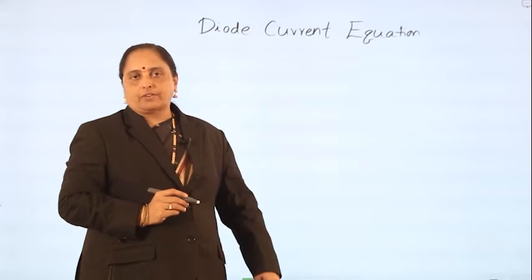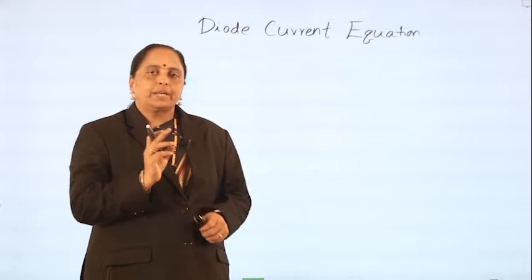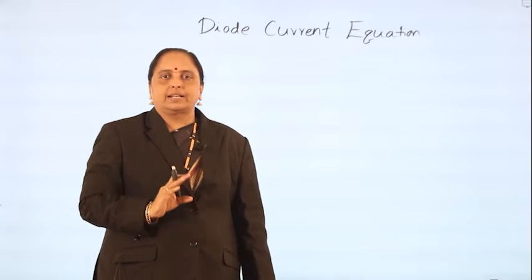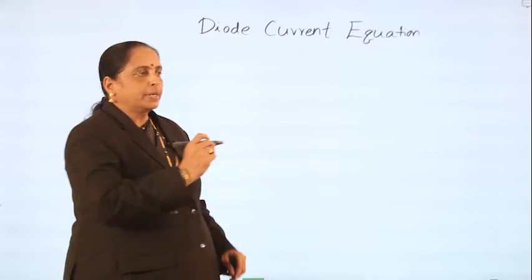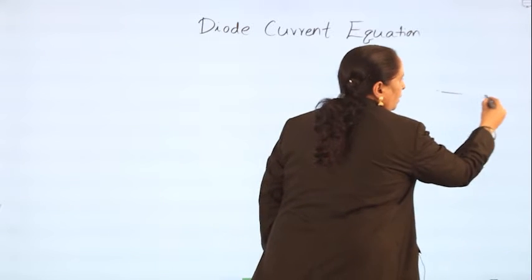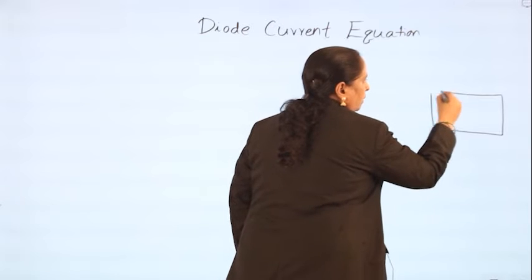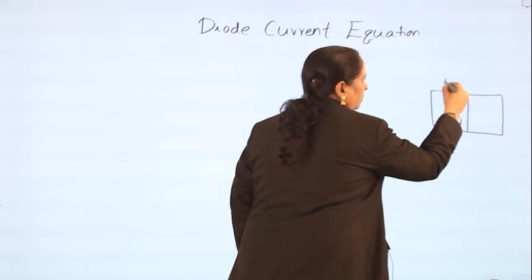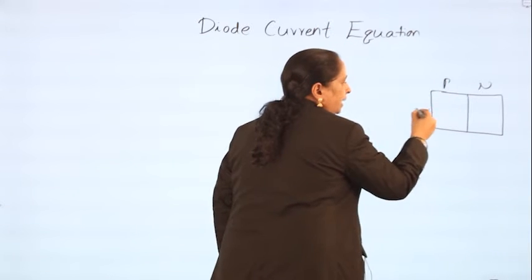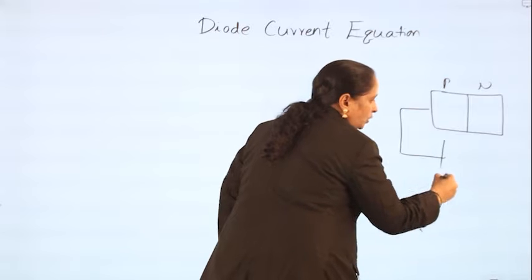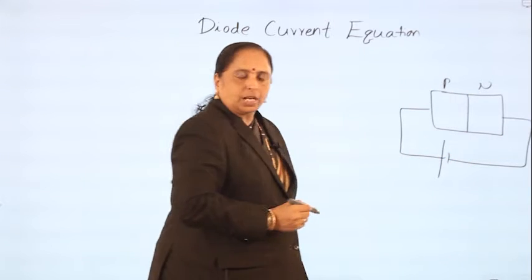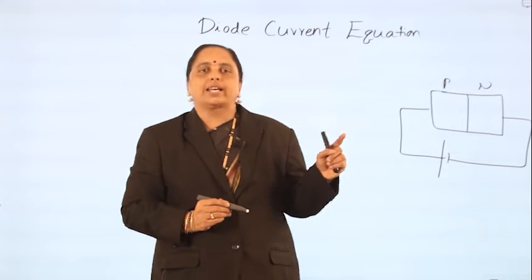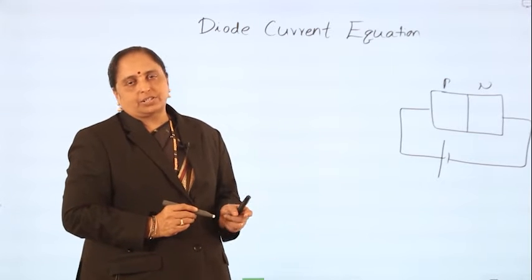When a PN junction diode is connected in forward bias condition, that means the P material is connected to the positive terminal of the battery and the N material is connected to the negative terminal of the battery, this is known as forward bias condition.